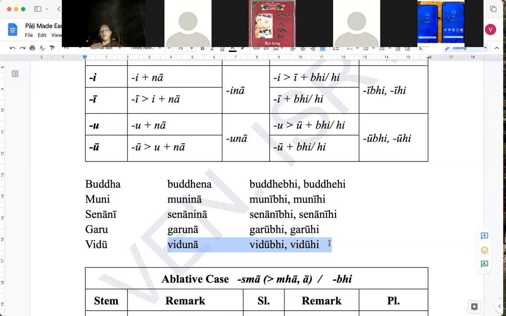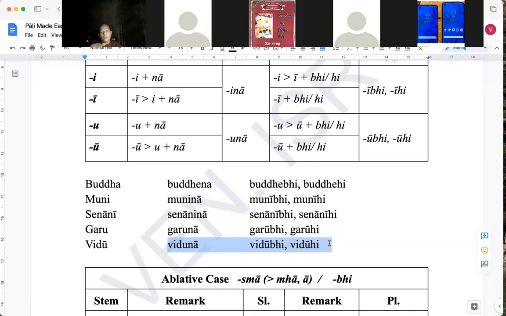So those terms ending in the vowels I and U decline with the instrumental case here: Bodhina, Bodhibi, Bodhihi, Munina, Munibi, Munihi, and Senanina, Senanibi, Senanihi.